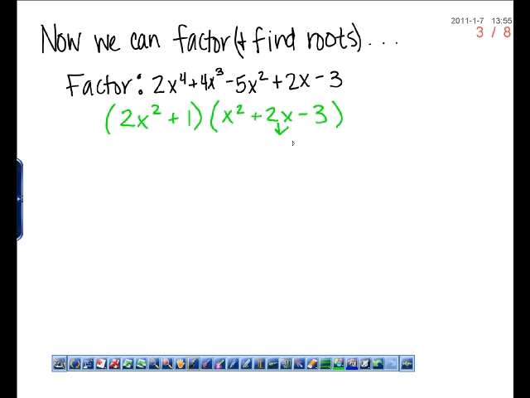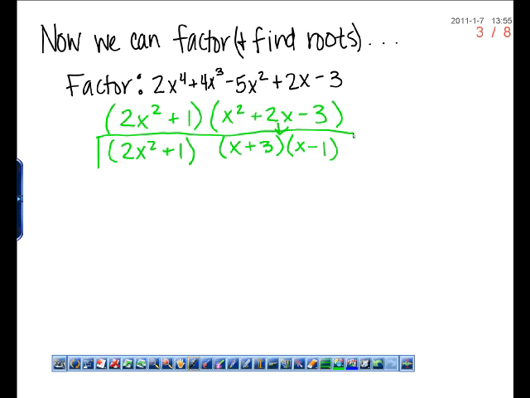All right, so what does that factor into? Yep, x plus 3, x minus 1, and this, can that be factored at all? No. Nope. So this is the most factored form of the polynomial that we started with, that quartic polynomial that we started with.